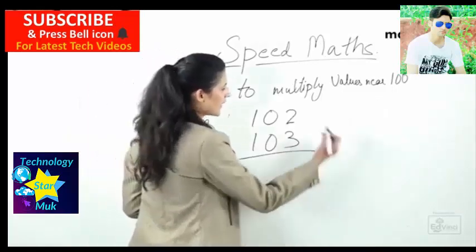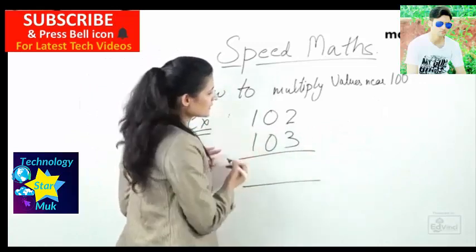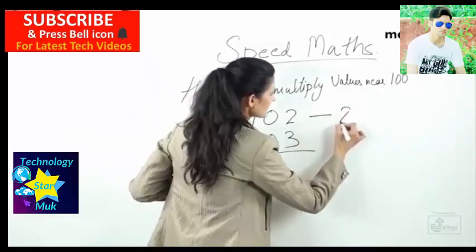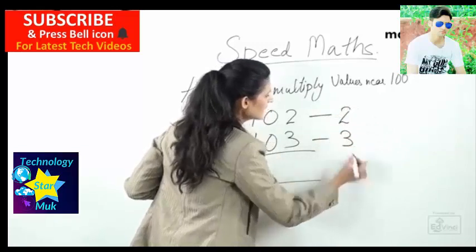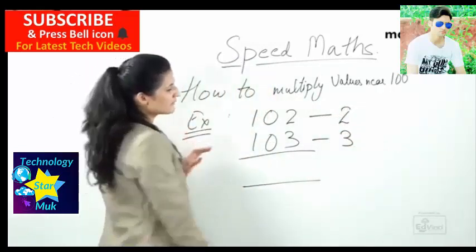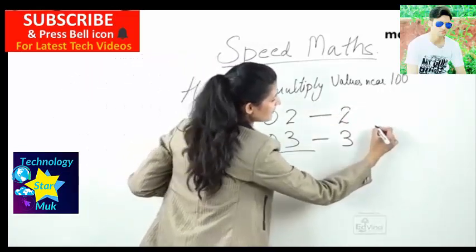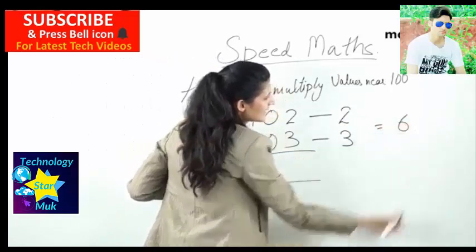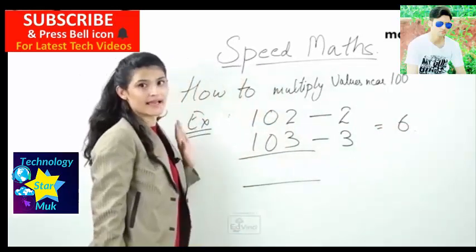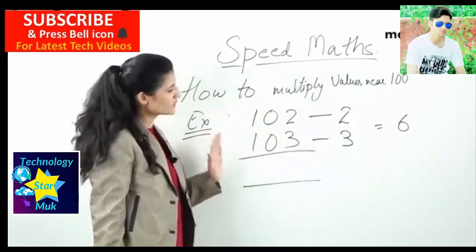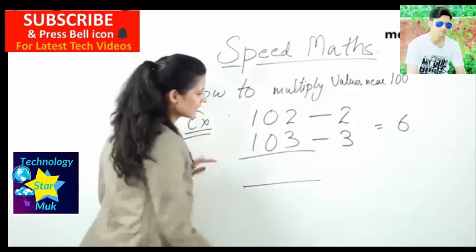So step number 1, our base is 100. Step number 2, we'll take the differences. Here it's 2, here it's 3. Step number 3, multiply the differences. When we multiply the differences, we get 6. As 6 is a 1-digit number, as per the rule, we should always put 0 before 6 while writing here for the answer.